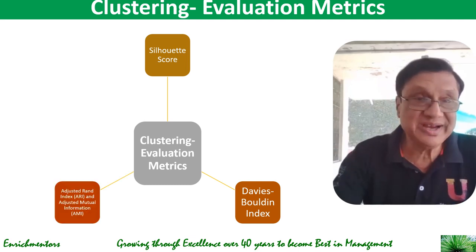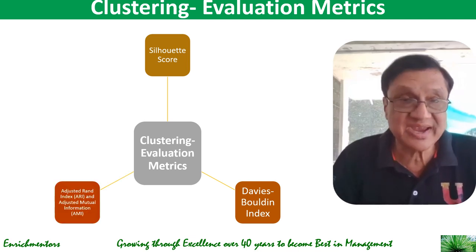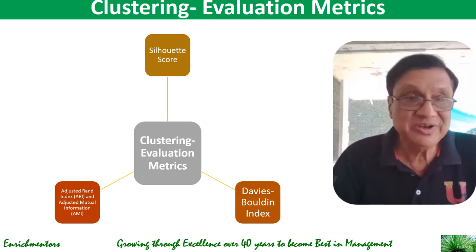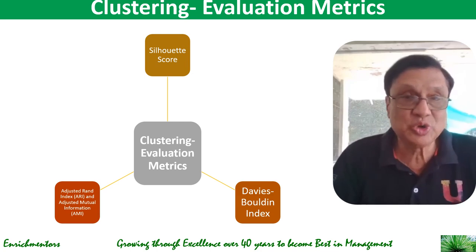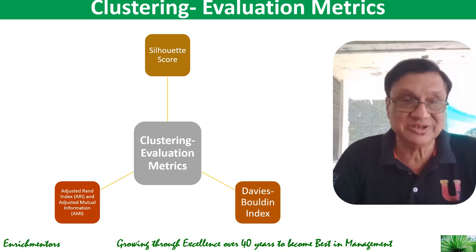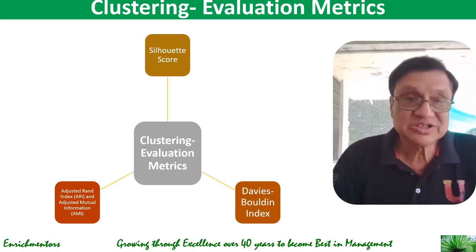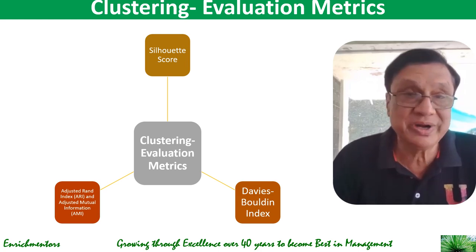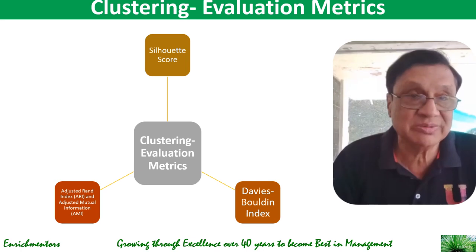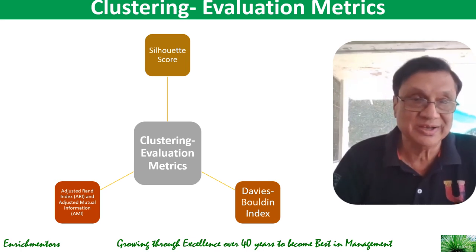Third is the adjusted Rand index, ARI, or adjusted mutual information, AMI, which measures the agreement between the true labels and cluster assignments. When you're predicting, you assign items to a cluster versus if you know the labels. So how true is the label versus the assignment? Predicting accuracy is determined by ARI and AMI.